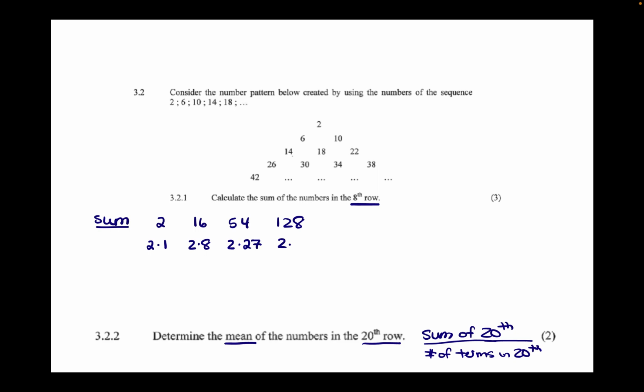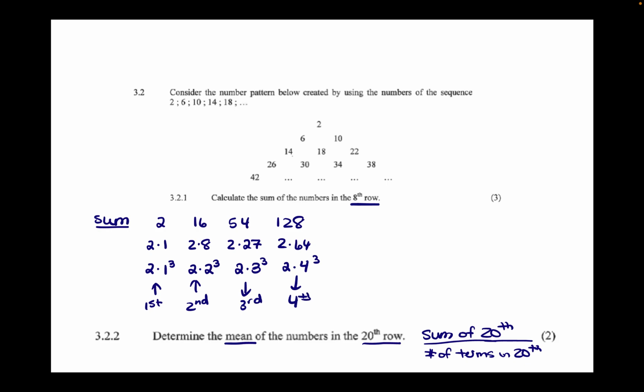It takes practice to recognize these, but I see that this one is 2 times 1 cubed, the next is 2 times 2 cubed, then 2 times 3 cubed, and 2 times 4 cubed. And this was our first row, our second row, our third row, our fourth row.